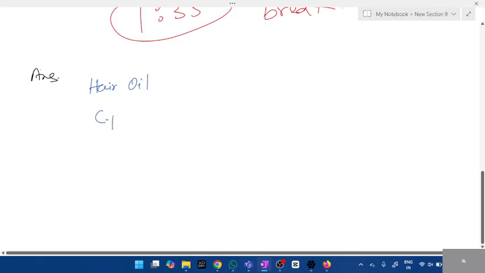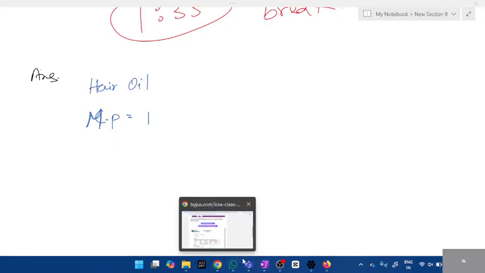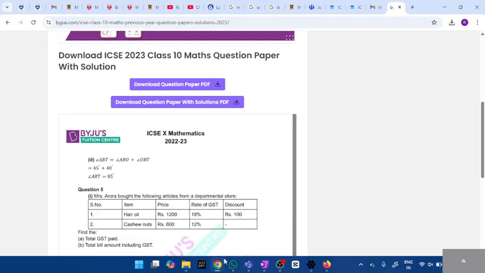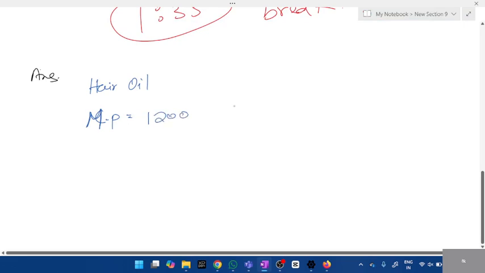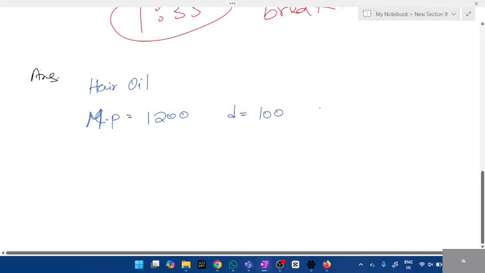Mark price is equal to 1200. Discount is equal to 100. So what will be the cost price? Cost price is 1200 minus 100, that is 1100. Right?